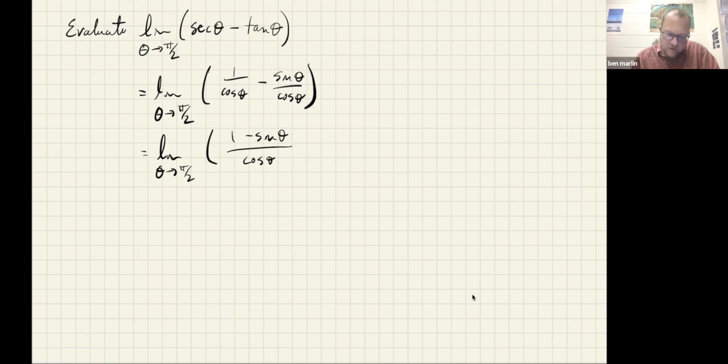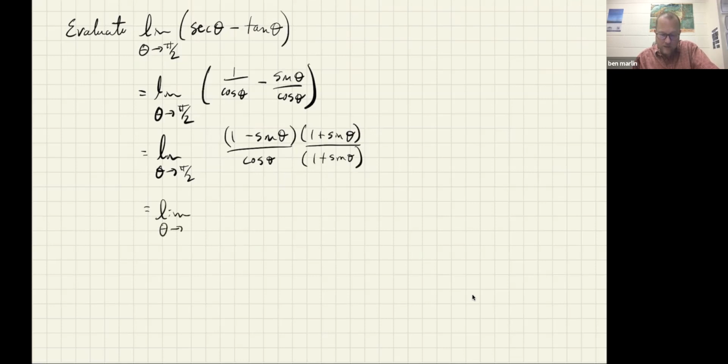So what we're going to do is to rationalize, air quotes, rationalize that numerator by multiplying it by 1 plus sine theta. We have to do the same thing to the denominator, okay? When we do that, you should rightly be wondering why we're doing that.